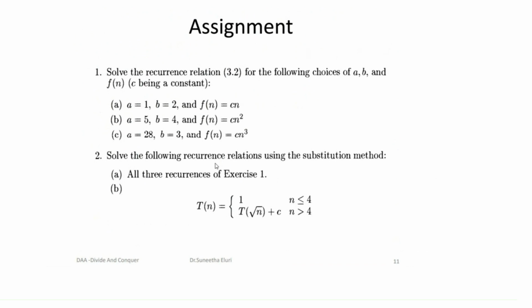So this is the assignment you can take down, and you can try out deriving the time complexities with different a values, b values, and f of n values. You can try out both using the recurrence relations, and followed by the generalization method using h of n and u of n methods.